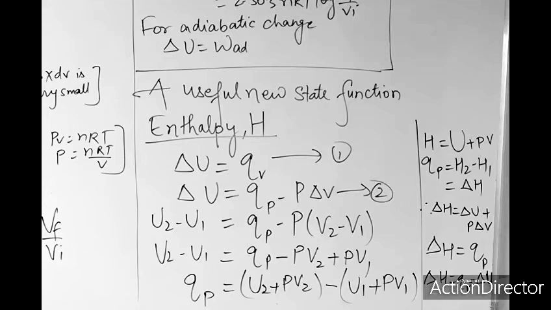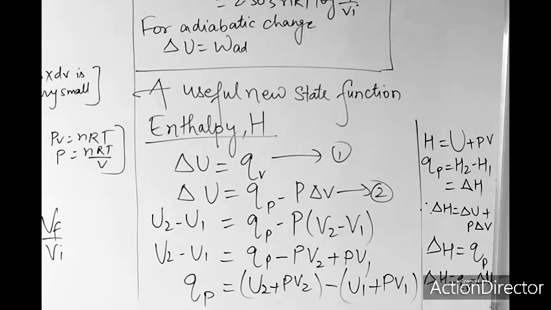Putting that in the equation, QP is equal to U2 plus PV2 minus U1 plus PV1. So H is equal to U plus P delta V. Now, what will be the value of QP?